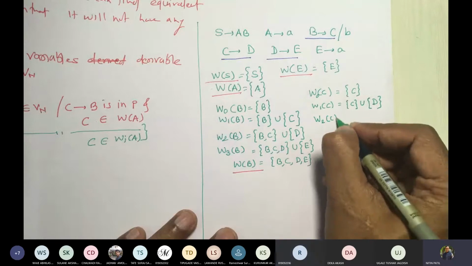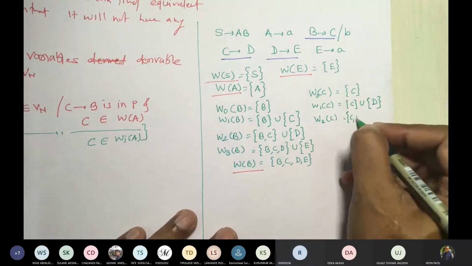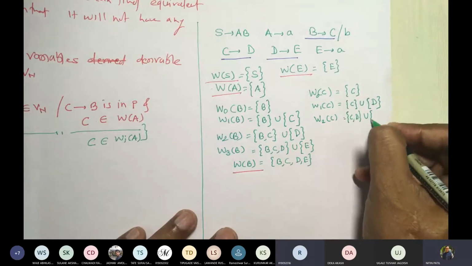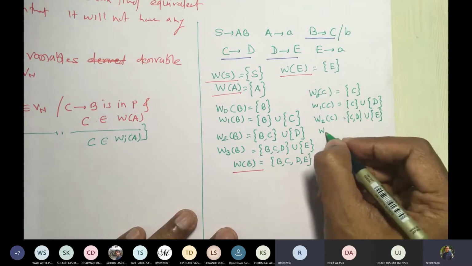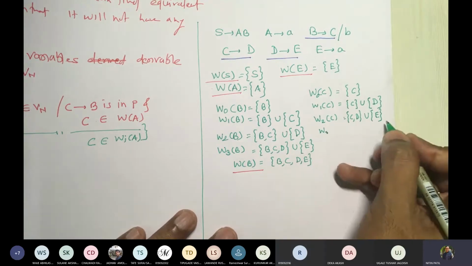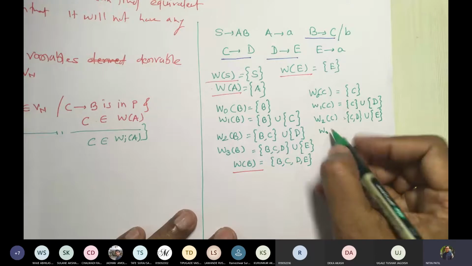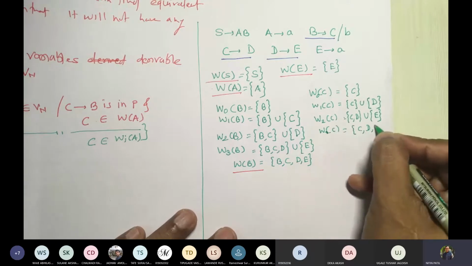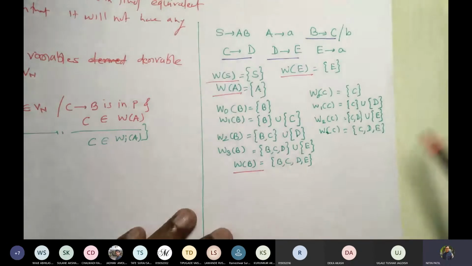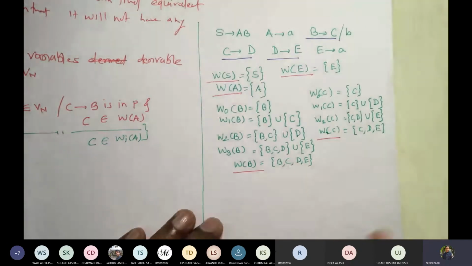So W2 of C would be what? C, D union E. Correct. Very good. W3 of C would be nothing more, correct? Union E would be there. So we will stop here and we will say WC would be what? C, D, and E. Fine. So this was our WC.